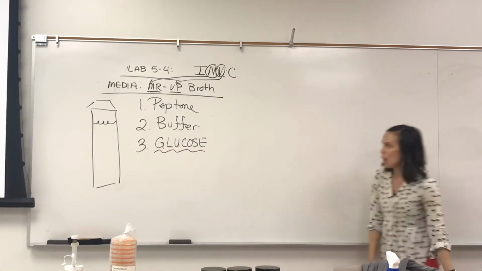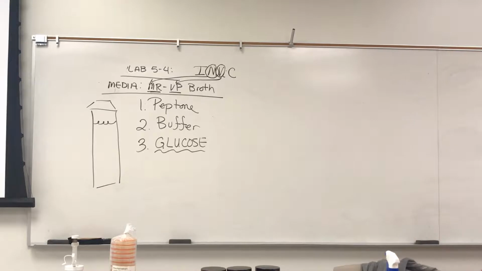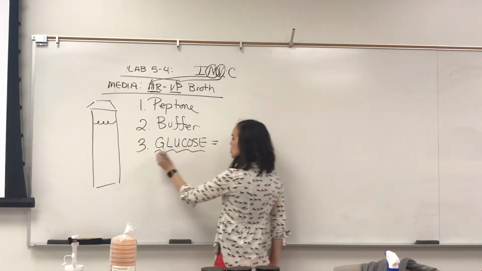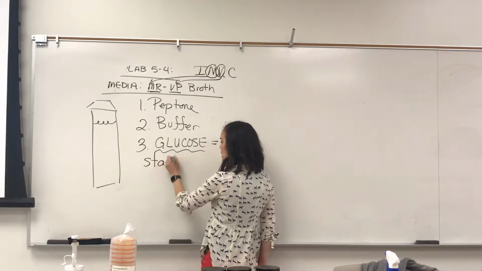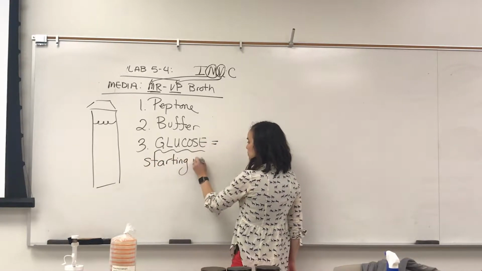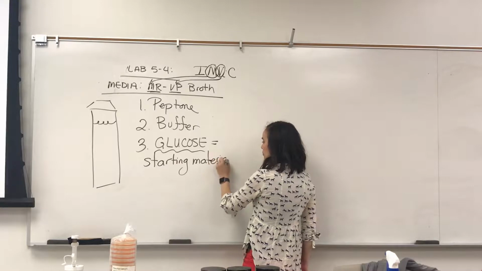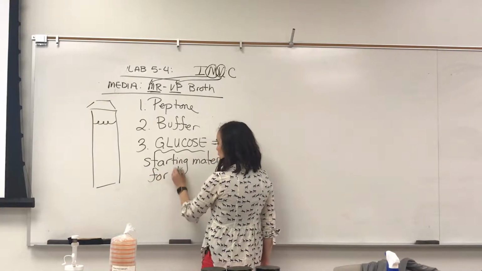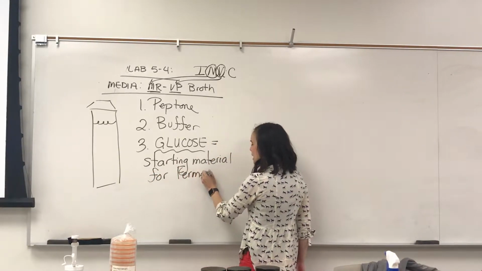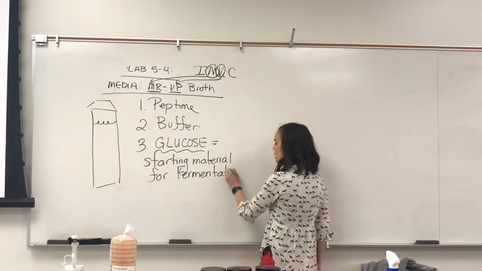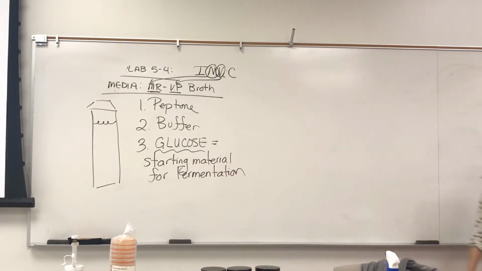Because again, we keep saying that we're going to just think of this as another fermentation lab. So this is going to be our starting material for fermentation. If you think about it, it's maybe a little bit redundant because technically we already did this a long time ago when you had the 10 test tubes with the glucose, the lactose, and the sucrose.